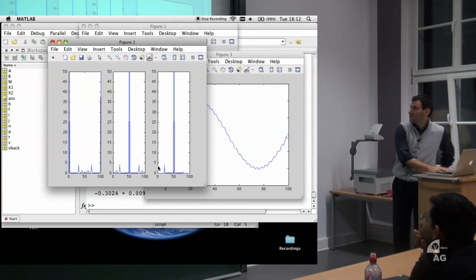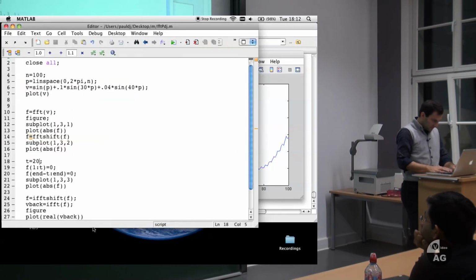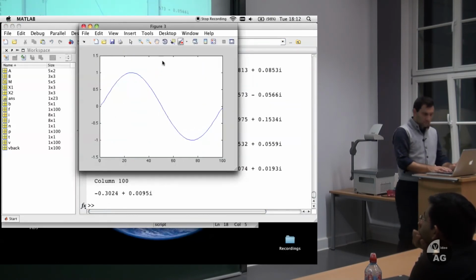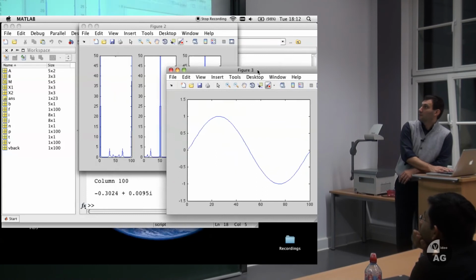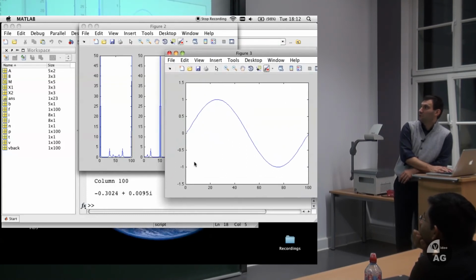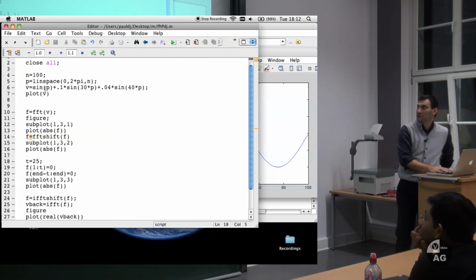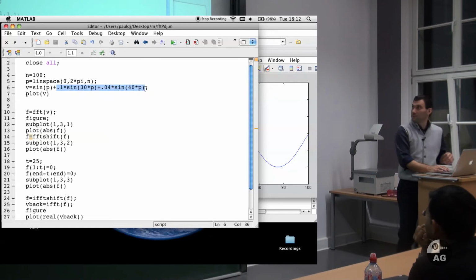But as you can see, we didn't really kill everything. So let's remove those frequencies too. Look at that. And this reconstructs beautifully the sine over here, and we have discarded these components altogether.